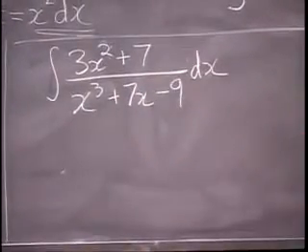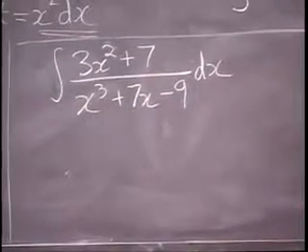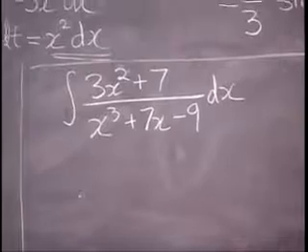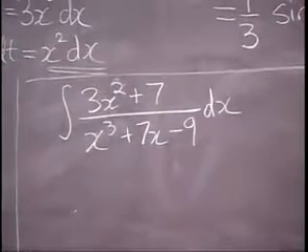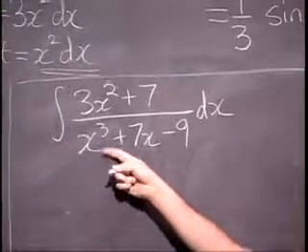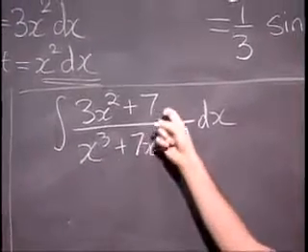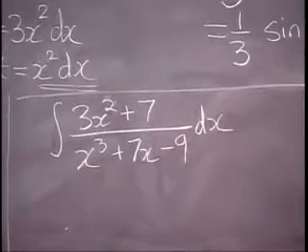Ugh, looks nasty. It sort of does look nasty, but there's a minor miracle that occurs, and of course I've specifically concocted this example to have that miracle, and that is that if you look at the derivative of the bottom, x cubed plus 7x minus 9, the derivative is precisely what's on the top, 3x squared plus 7.